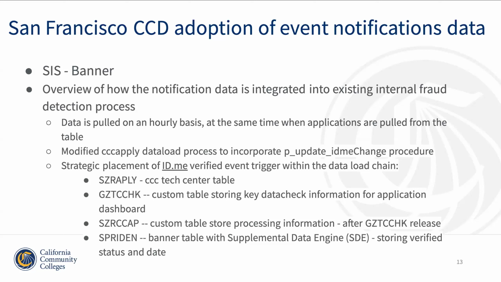We'll be talking about processes that are specific to Banner and the use of some Banner-specific holding tables. San Francisco uses a batch process, which is specifically suitable for the Banner sys type.